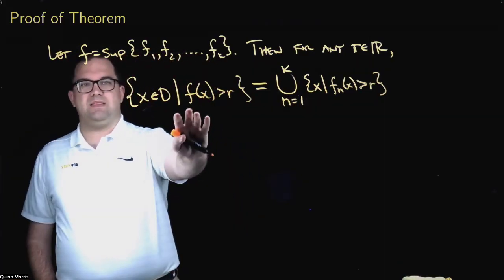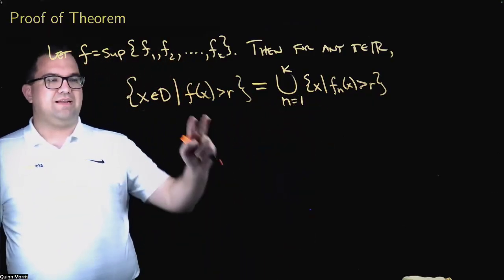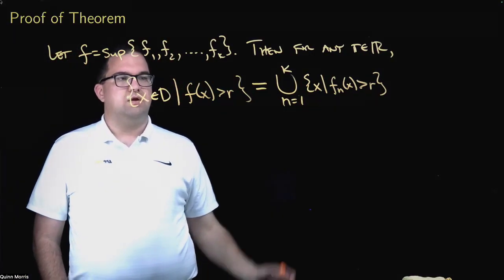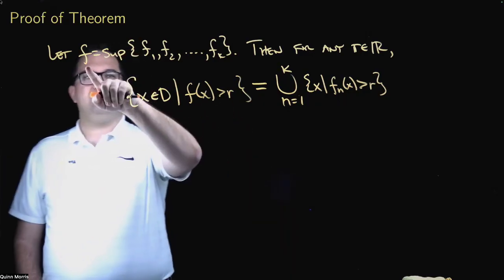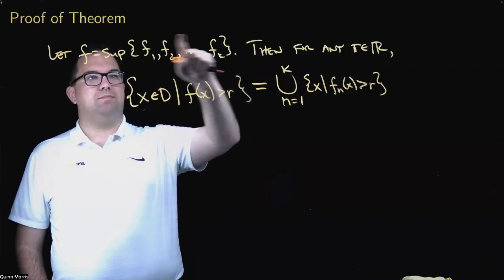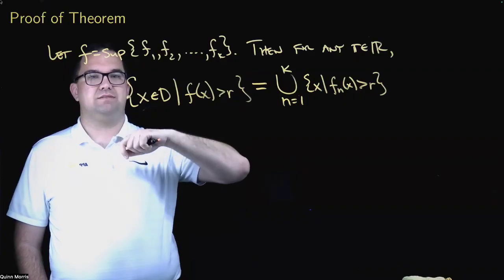So what if I take something that's in the left-hand set? I need to show that it's also in the right-hand set. If I take an x value such that f of x is greater than r, well, what was f of x? f of x was the maximum of f_1 of x, f_2 of x, f_3 of x, all the way up to f_k of x.